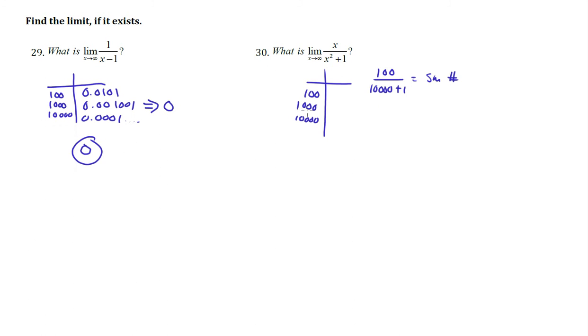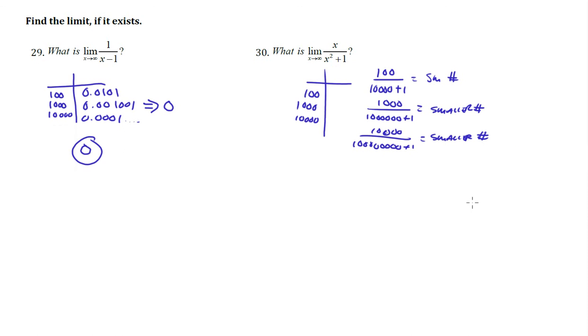And then if we put in 1,000, that's going to be 1,000 divided by, now that's going to be what, 1,000,000 down here? Plus 1. That's going to be a smaller number. And then if we put in 10,000, that's going to be 10,000 over, it's going to be 8 zeros. And this is going to be even smaller still.